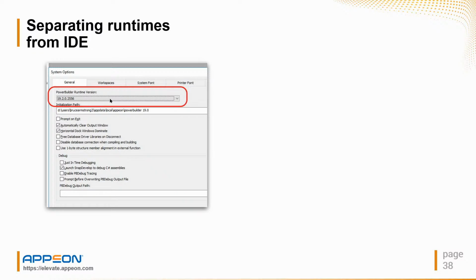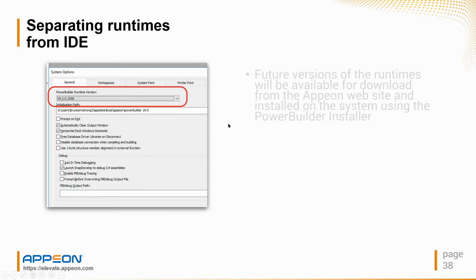What you could do, with the 2020 IDE, is work on 2020 applications, but also go back and compile applications targeted for the 2019 R3 runtime. I mean, literally, you could have 10 different applications all targeted at 10 different runtimes and use the single IDE to support them all. So that is a slick new feature.